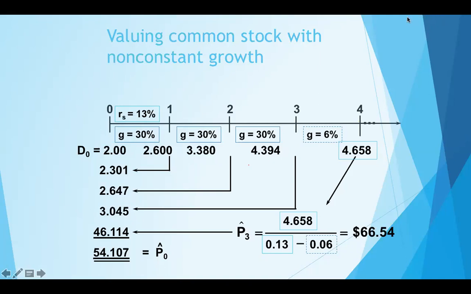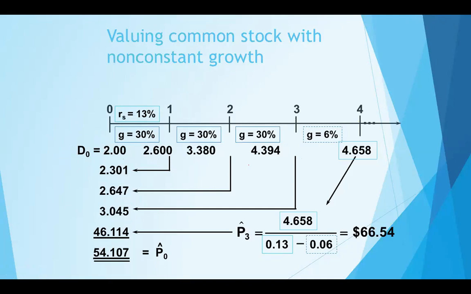No, we don't need to add D0 because when you buy the stock, they are not paying dividend immediately. So forget about D0. D0 is used to calculate D1, D2, and the remaining dividends. So we are not adding D0.